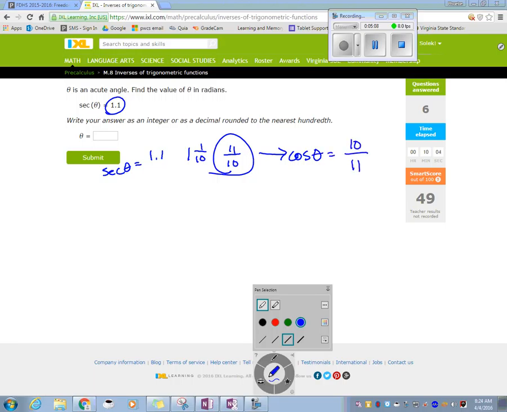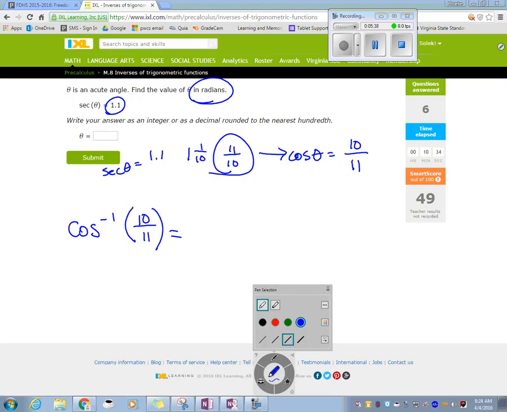So the key sequence is the inverse of cosine, that's the second function of cosine. For this, what angle has this as its cosine? And they want the answer in radians. So the first thing you want to do is change your mode to radians.